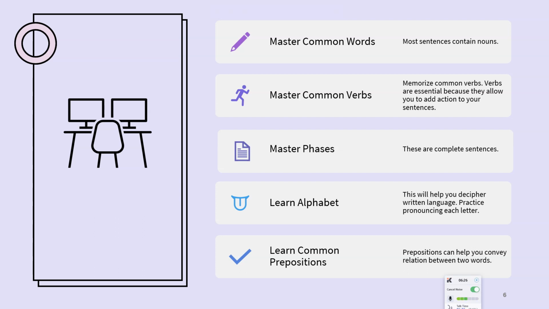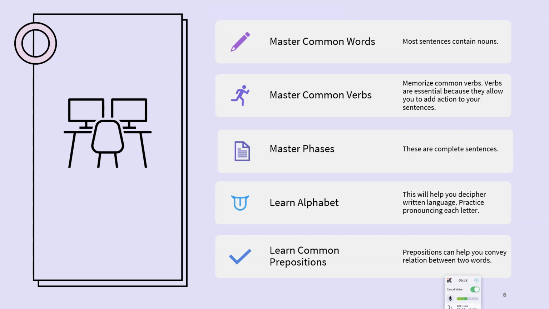Verbs are essential to a sentence because they allow you to add action to your sentences. For example, if we have, let's say, Lily and a cup, and we're like, okay, Lily cup, what does that mean? But if you say, Lily is drinking from a cup, the verb is adding action to that sentence and it gives a meaning. So it's important to master common verbs.